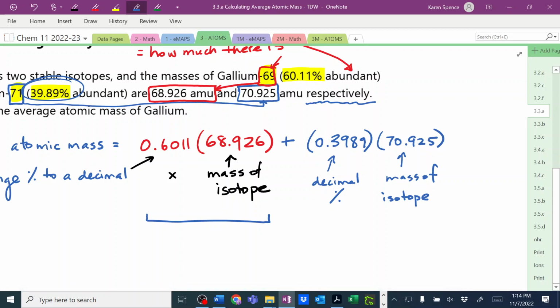0.6011 times 68.926 is equal to 41.4314. There's some numbers after that, but I'm not going to write them down.